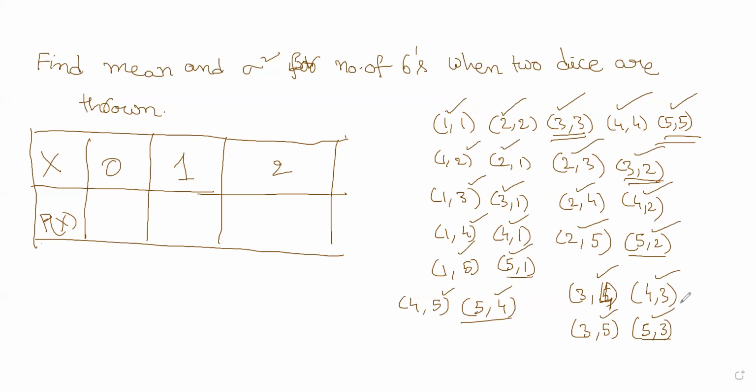This is method 1. So you got how many? 25. So 25 by 36. Right? These are the possibilities. You cannot have 6.